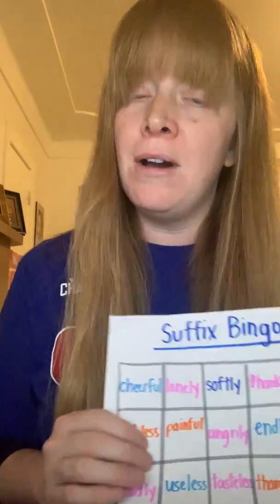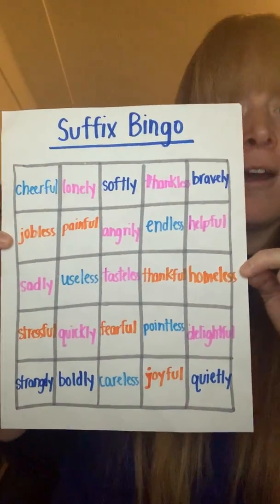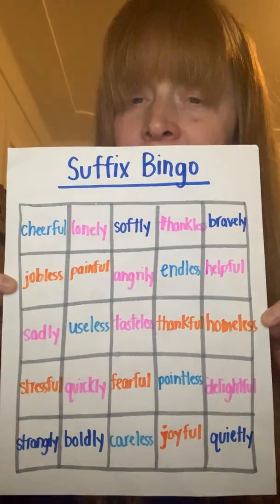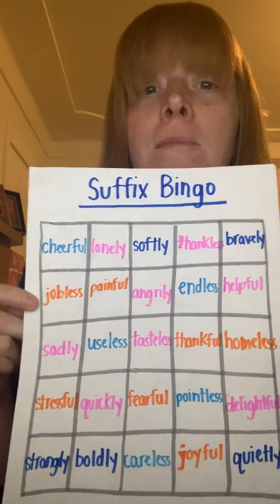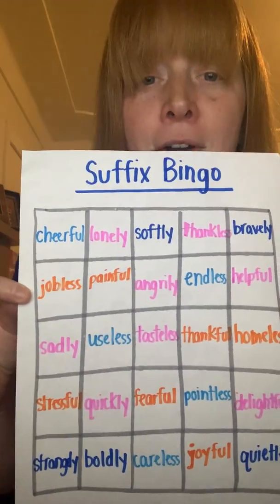Now I'm going to introduce the activity that we have today. I know a lot of you don't have a printer at home, just like Ms. Piatt over here. I don't have a printer either. So I made myself a nice little bingo card with something fun to do as well. Anybody who has a printer, there will be a blank bingo template uploaded that you can print off and simply fill in with your own words.